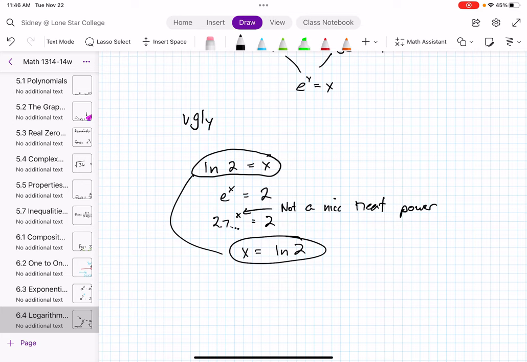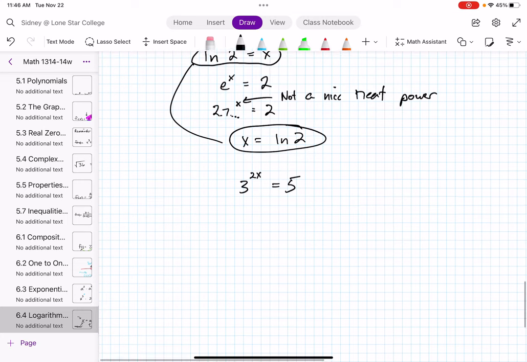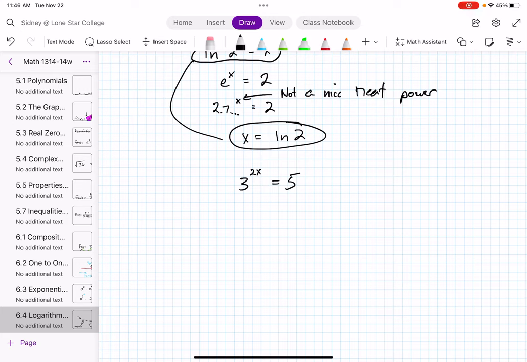We also sometimes see ugly, irrational numbers pop up in things like 3 to the power of 2x equals 5. Now, in this case, 3 does not have a nice, neat power that gives us 5. It doesn't. But if we write it in its logarithmic form, so log base 3 of 5 equals 2x, we basically do what we did right up here.